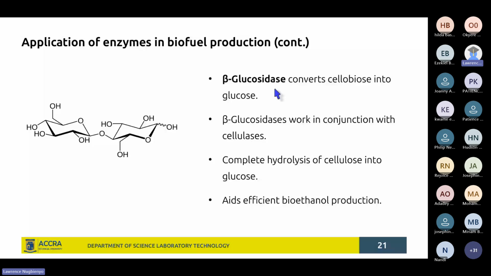The cellulose is a larger molecule that undergoes some breakdown, say under the activity of cellulase. And when it's being broken down, you do have some disaccharides formed out of it.